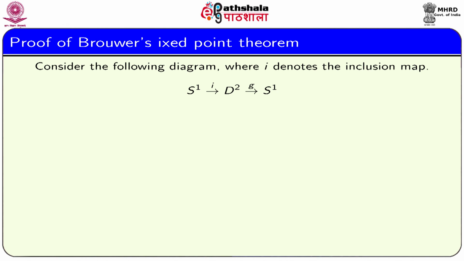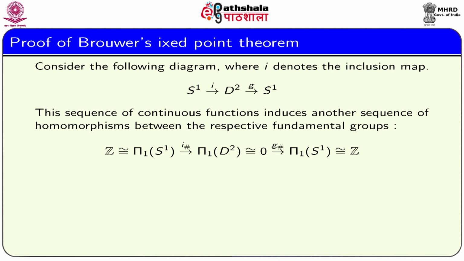Consider the following diagram where i denotes the inclusion map. So i is a map from S1 to D2, g is a continuous function from D2 to S1. So this sequence of continuous functions induces another sequence of homomorphisms between the respective fundamental groups.